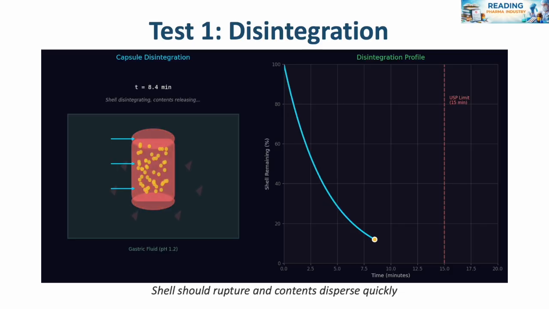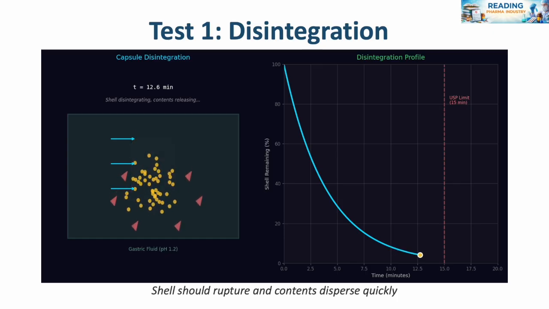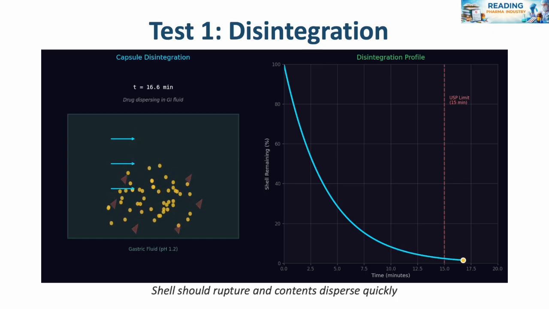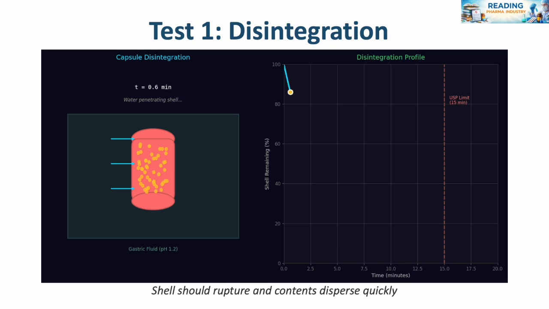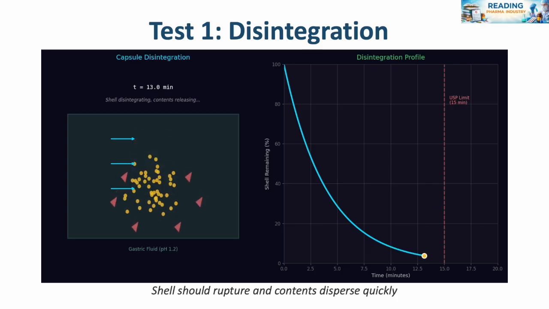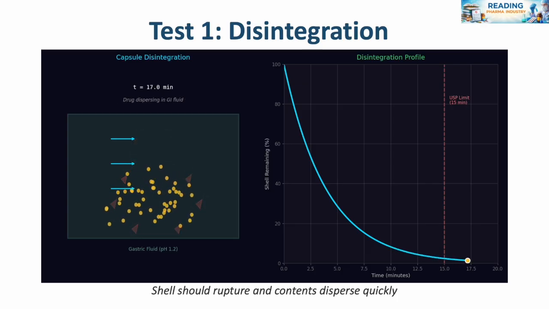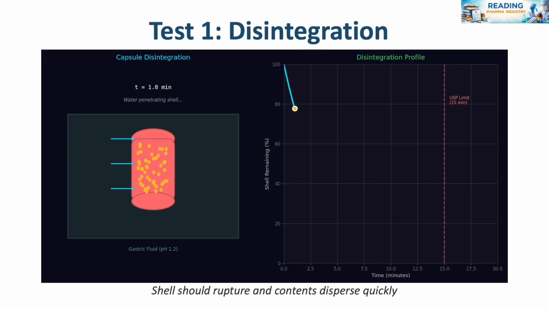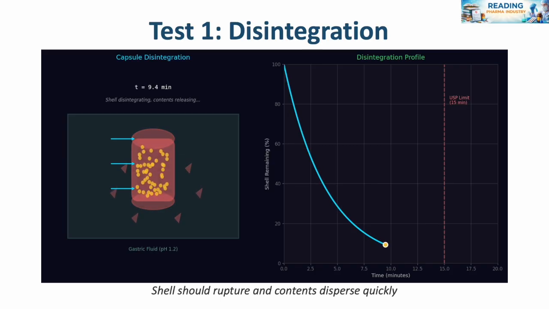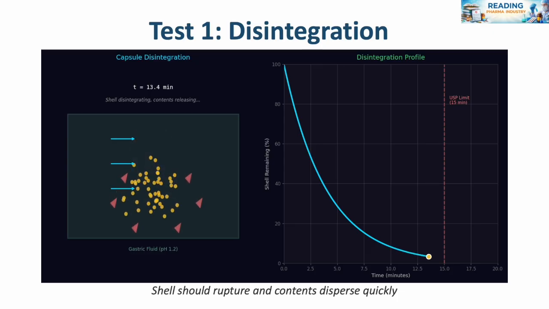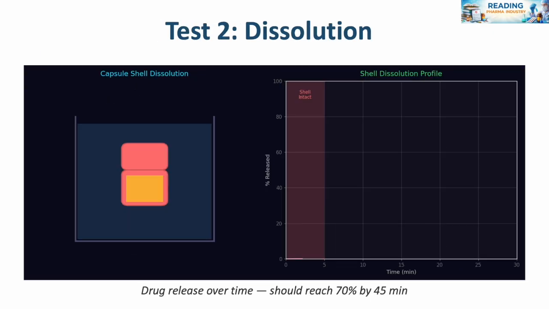For example, in many cases gelatin capsules are used, so the time it takes to dissolve is more or less similar. In some cases that could change depending on the nature of the loaded drug, but that is a very important step before dissolution can start.